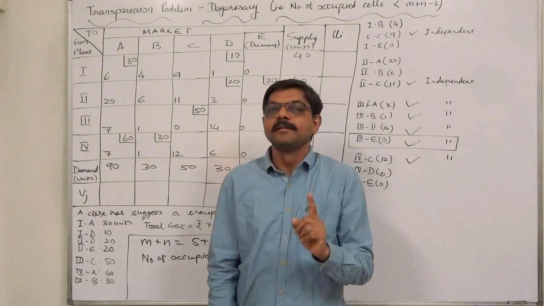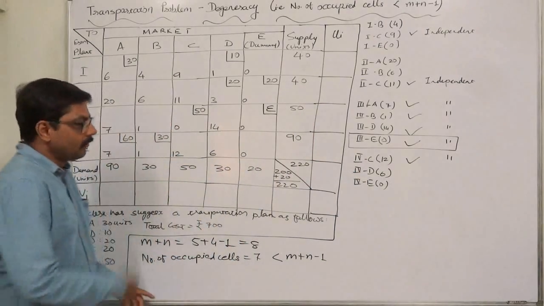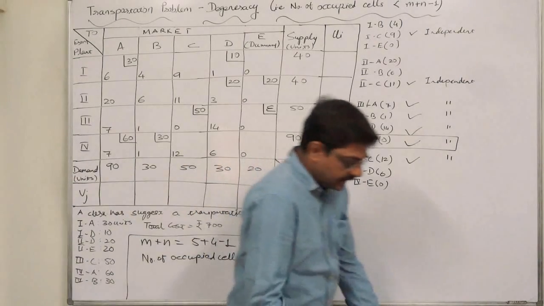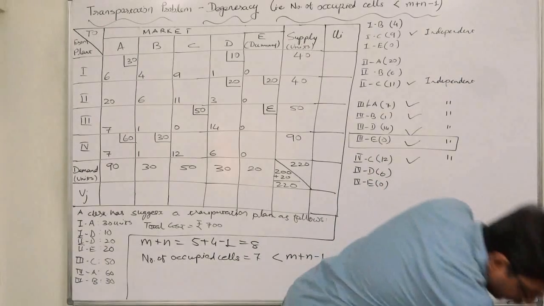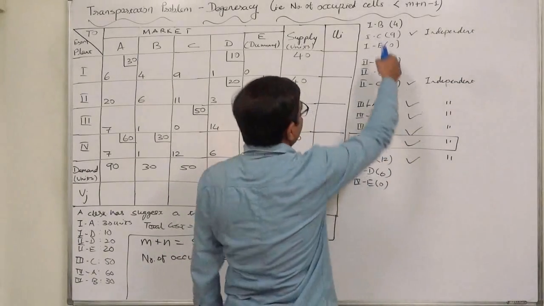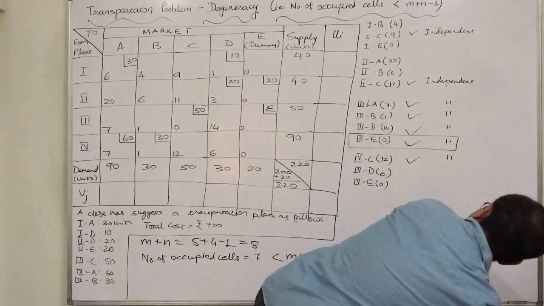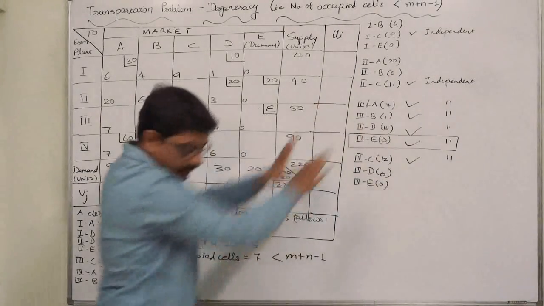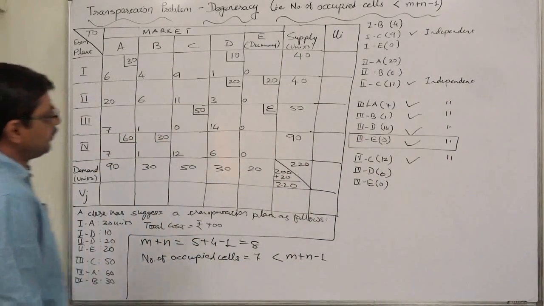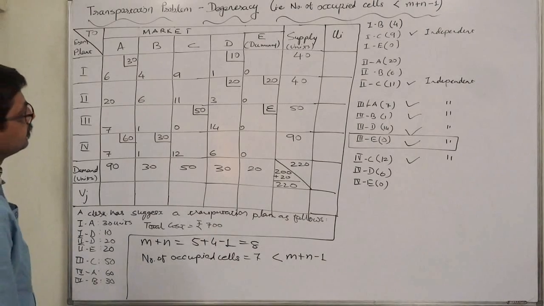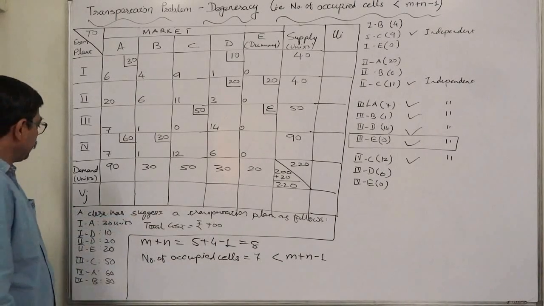This is your assignment. Now let's move forward, and let's first of all determine all the ui and vj values. I'm very sorry, in a hurry I started to rub it, but first of all now we are going to determine all ui and vj values.